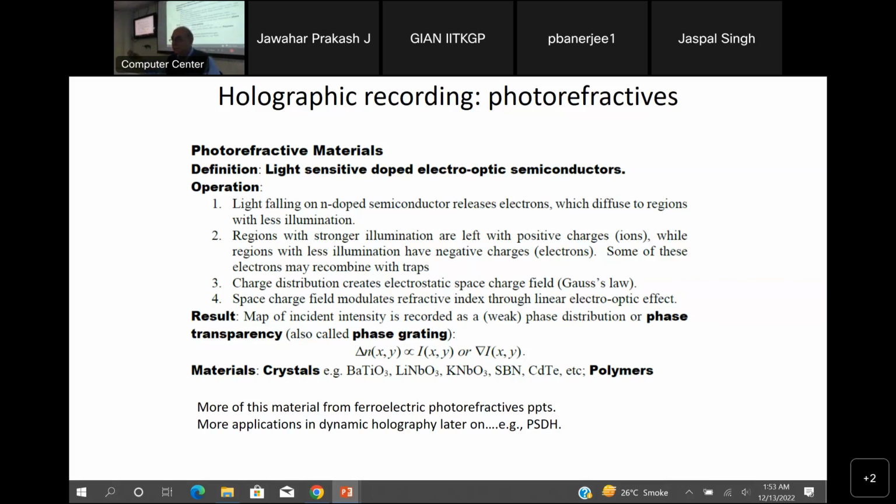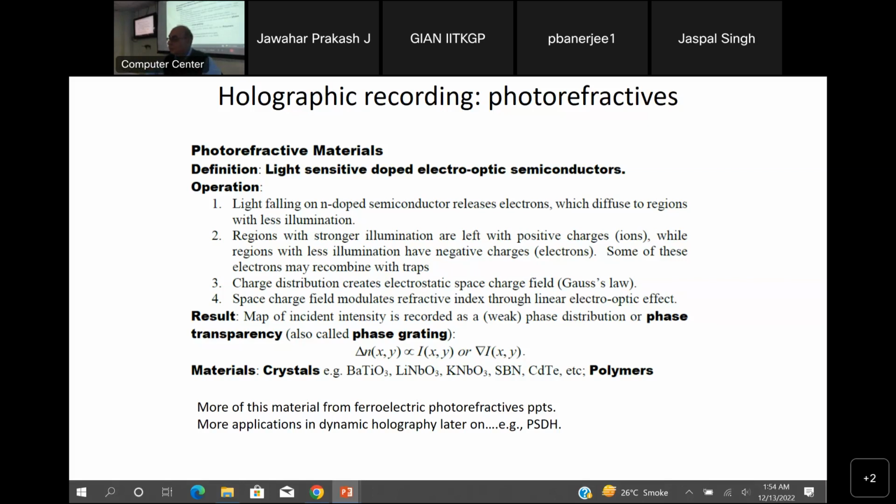Therefore, if you have a charge concentration which is a function of space, you have an electrostatic field as a function of space. That electrostatic field, because the material is electro-optic, changes the refractive index.